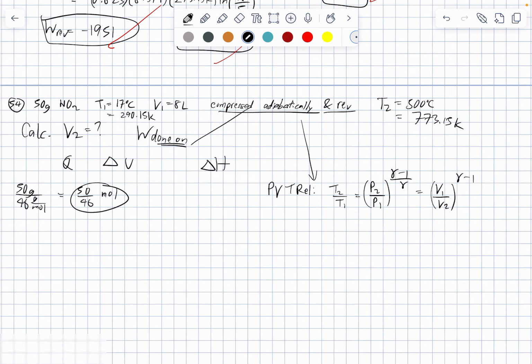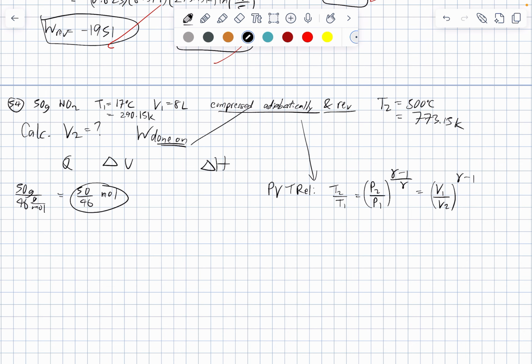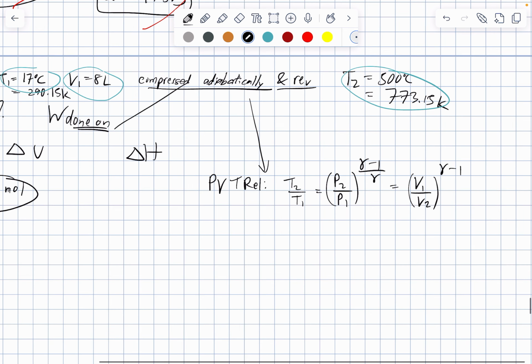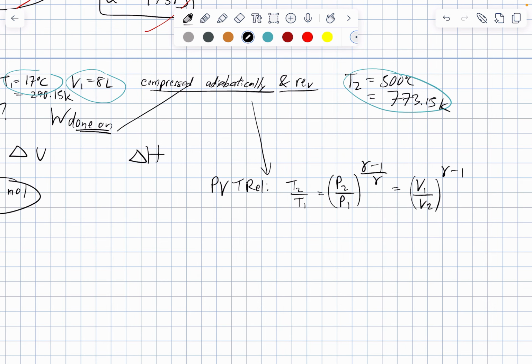We'll use the PVT relation because we have T2, T1, and V1. We want to know the value of V2. So T1, actually, I don't think it matters if you have to convert to SI unit, but let's give it a try.